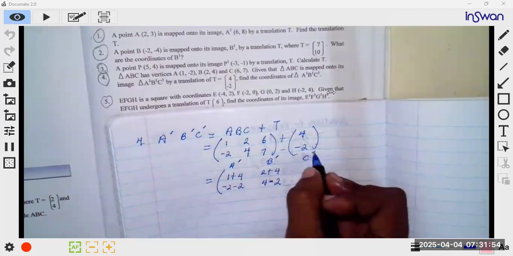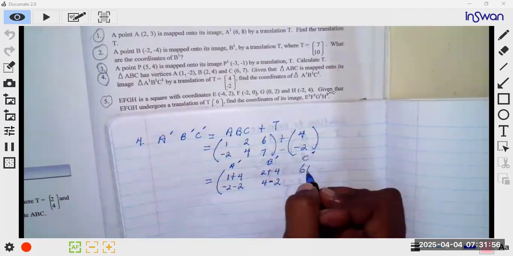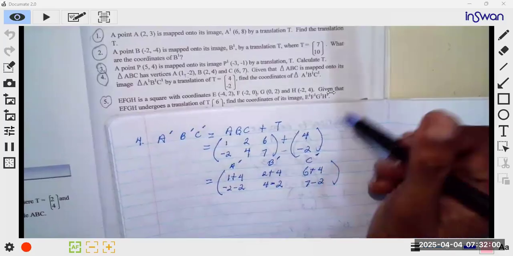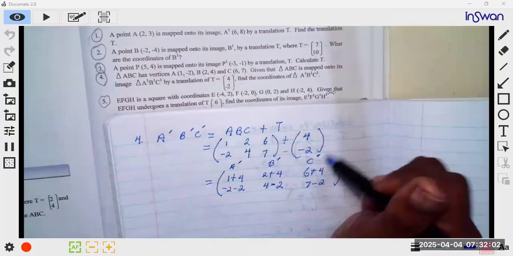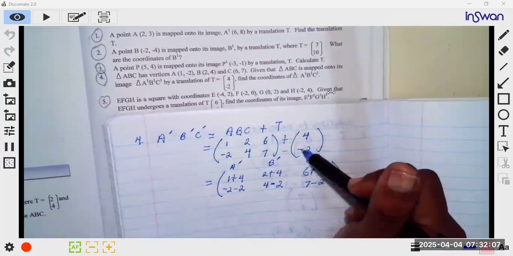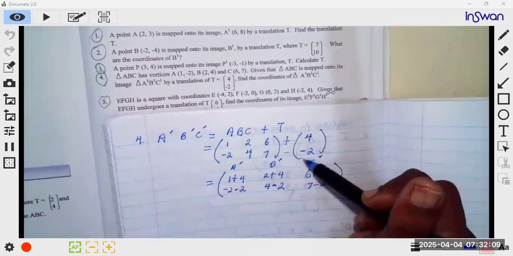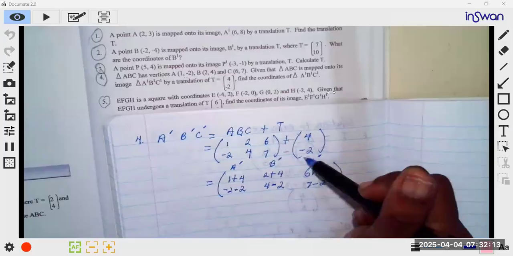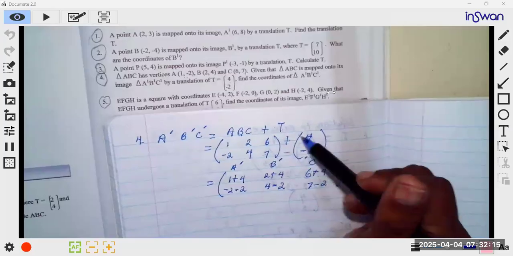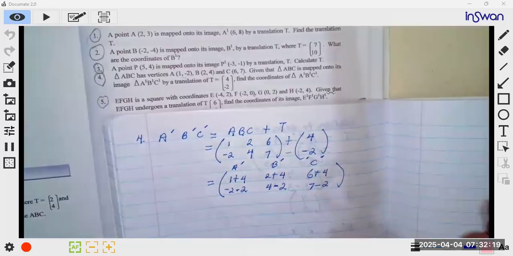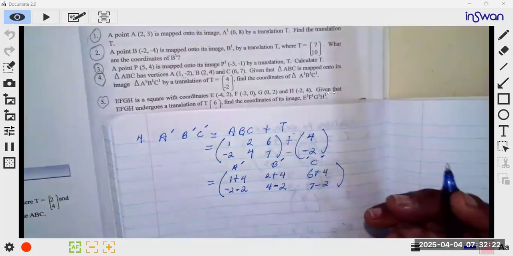C prime will be 6 plus 4 and 7 minus 2. The reason why I put in minus immediately is because a positive by a negative is a negative. So instead of putting 4 plus minus 2, we know that positive and negative is a negative already. So it makes no sense going through that step. You know it's a minus, right?